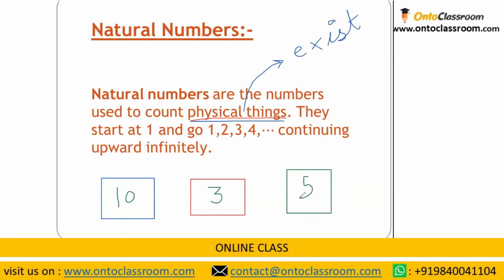All these numbers actually exist, right? You can count all these fingers, notebooks, friends, chocolates. All these things are countable, so they exist naturally. That is why we say these represent natural numbers.